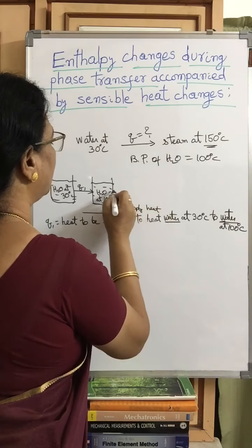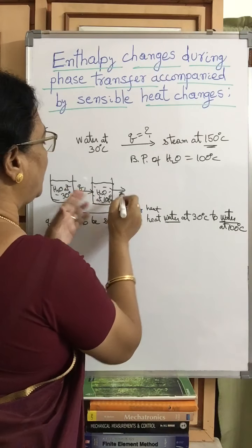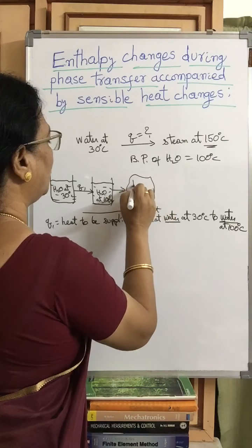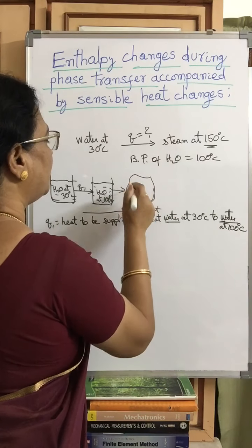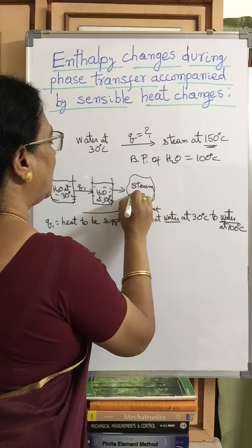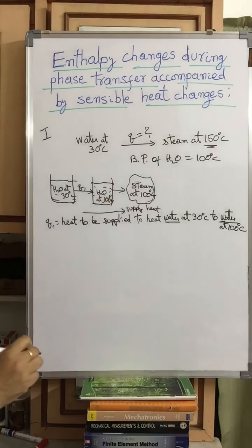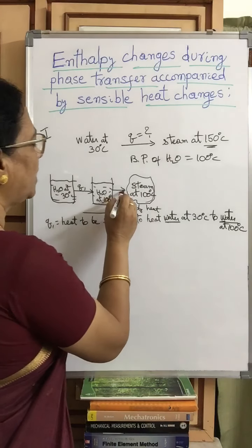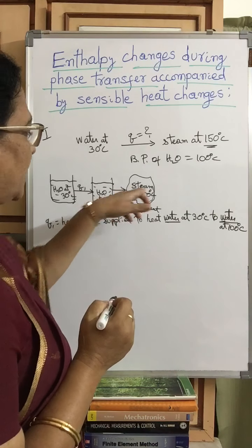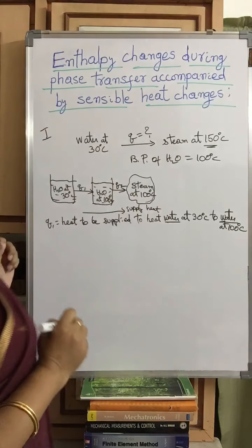Now still continue to supply heat. What happens? This 100 degrees centigrade water will be converted to water vapor, steam at 100 degrees centigrade. Water at 100 is converting to steam at 100 degrees centigrade. Let it be Q2.